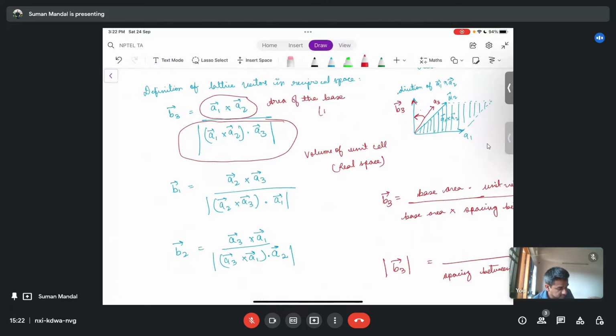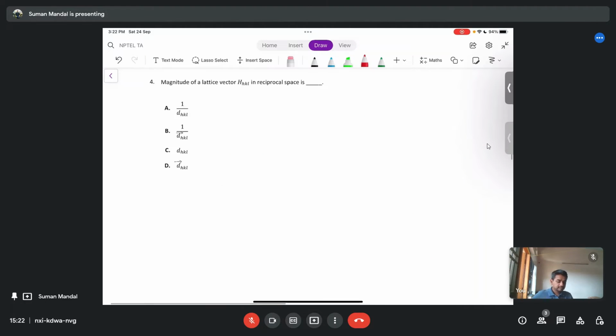Even this is in real space. This is a reciprocal space. Now we are talking about the magnitude of a reciprocal lattice vector.